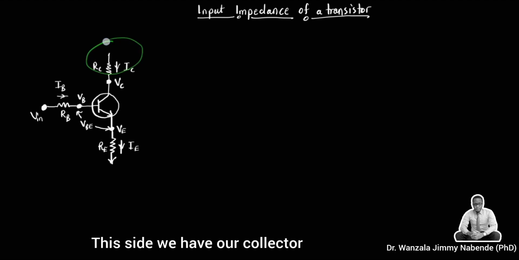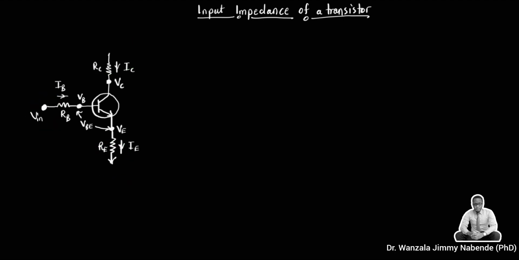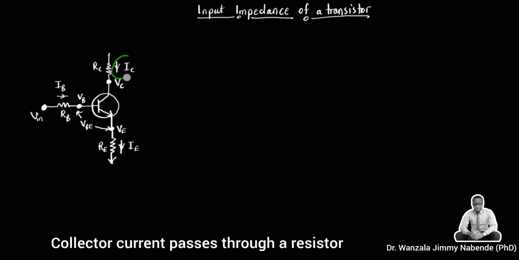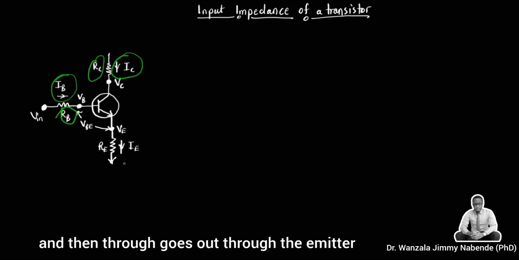This side we have our collector, our base, and our emitter. Collector current passes through a resistor, goes into the transistor, and then we have the base current passing through a resistor, then into the transistor, and then goes out through the emitter.